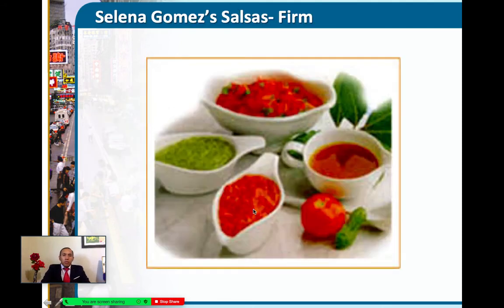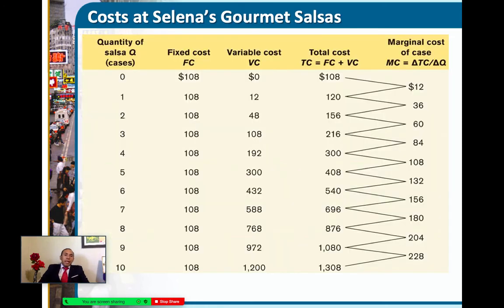So consider the production of salsa making, producing salsas. We have up to 10 cases of salsa that can be produced. We have 0 units, 1 unit, 4 units, 6 units, 8 units, 10 units. Our fixed cost is the same. It doesn't change, it's the same whether we produce no units or 10. That's how much we need to start producing the actual salsas and getting the equipment necessary to produce.